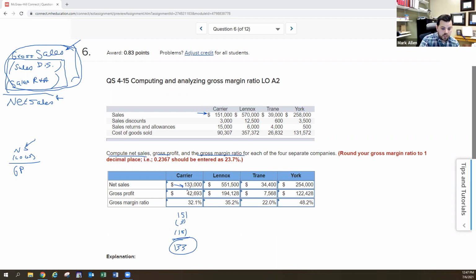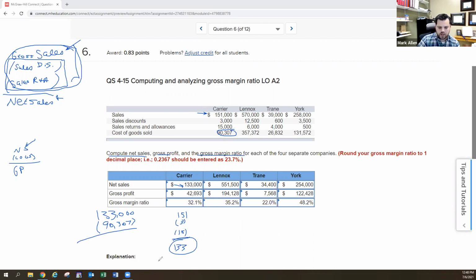Now, gross profit. Well, for gross profit, what we have to do is we say, well, that's net sales. Well, we've got that number minus cost of goods sold. Well, turns out they gave me that number. So 133 minus 90,307. And I guess we'll keep up with the zeros for this one. That difference, let me do that real quick.